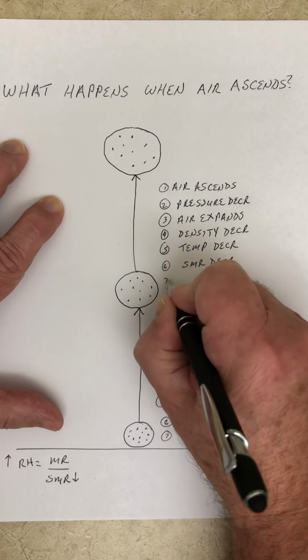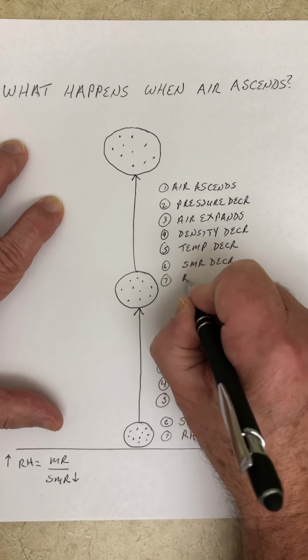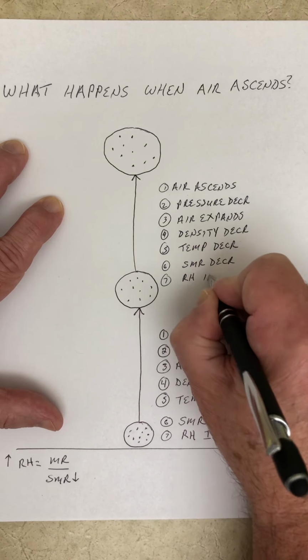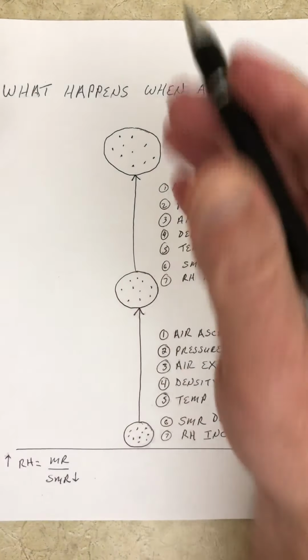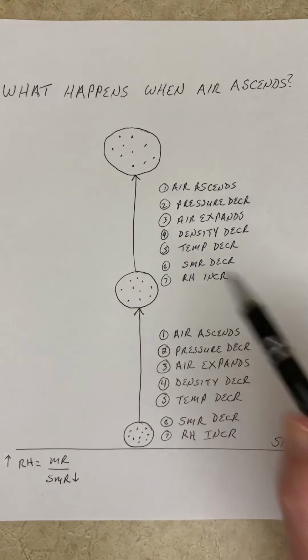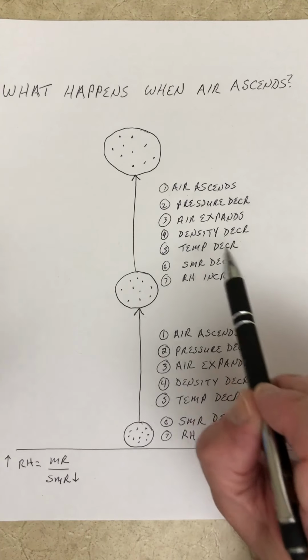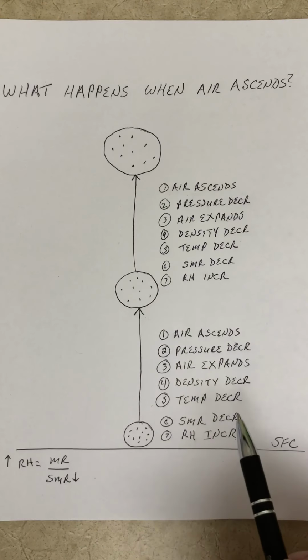And that should cause an increase in relative humidity. And again, if it keeps going up in the atmosphere, same thing. Air ascends, pressure decreases, air expands, density decreases, and temperature decreases.